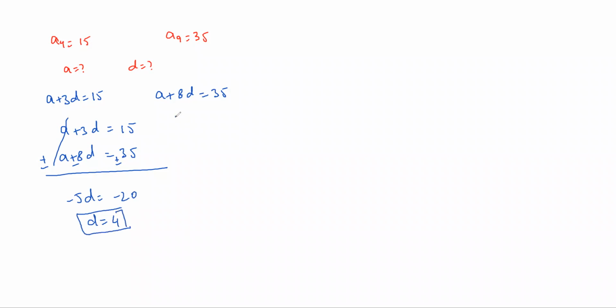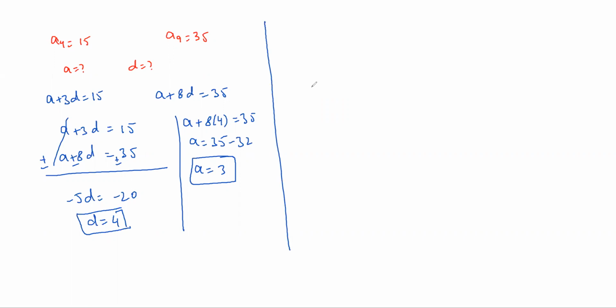Then you substitute it in here: A plus 8 into 4 equals 35. So A is 35 minus 32, so A is going to be 3. That is how you find A, the first term, and the common difference D.